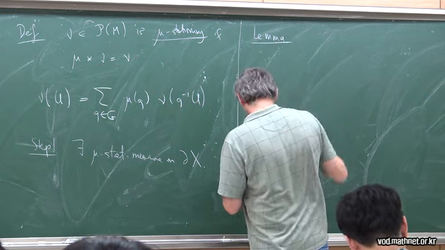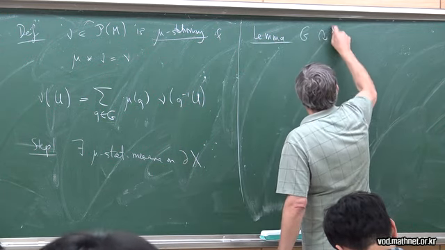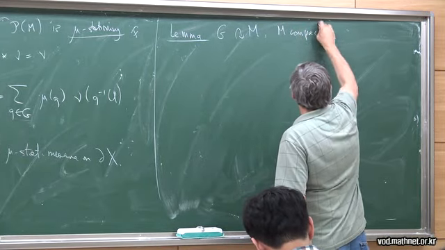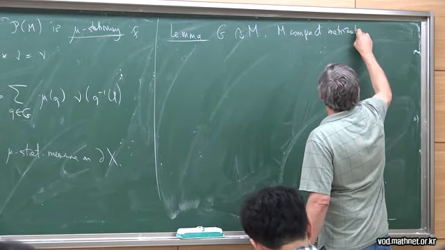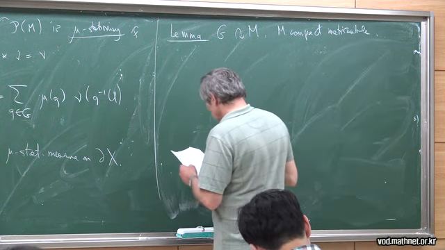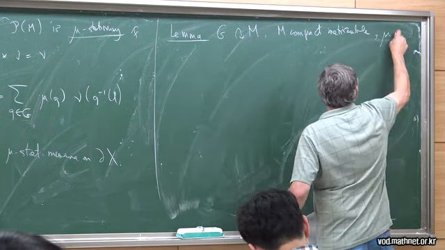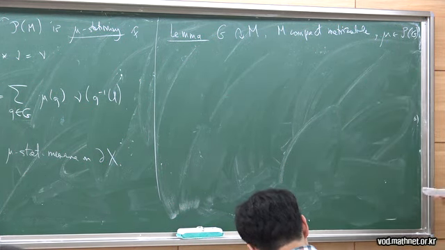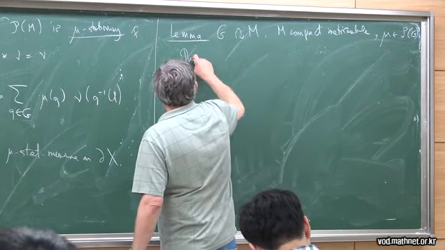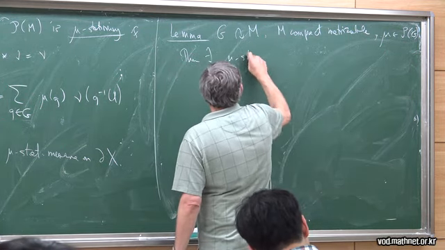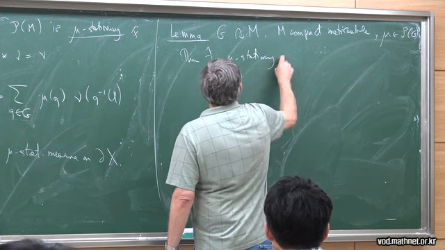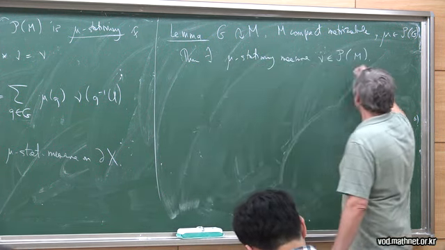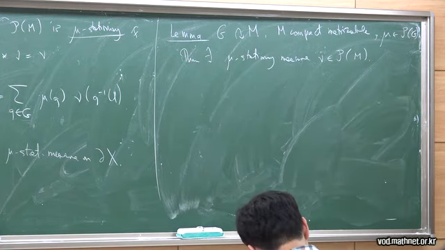If G is acting on M, and M is compact metrizable, and mu is our probability measure on G, the one that defines the random walk, then there exists a mu stationary measure. So as long as the space is compact, then you're fine.